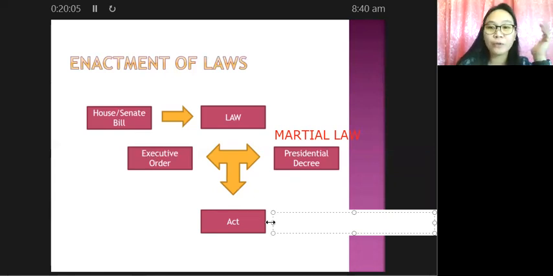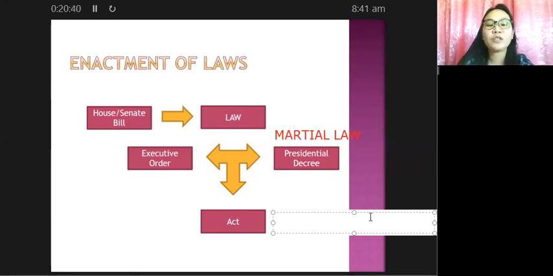So in order for you to review easily, of course, there was only one president during the martial law, and that is Ferdinand Marcos. So less effort on your part to remember all of the signatories. Of course, if you see a presidential decree, then automatically it was signed by former President Ferdinand Marcos.